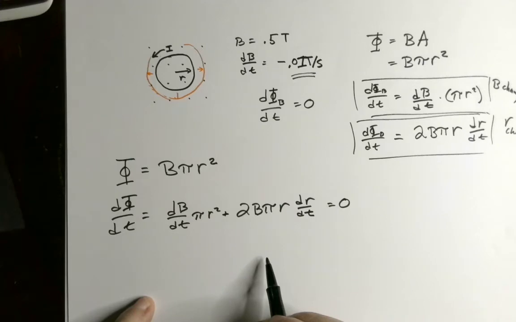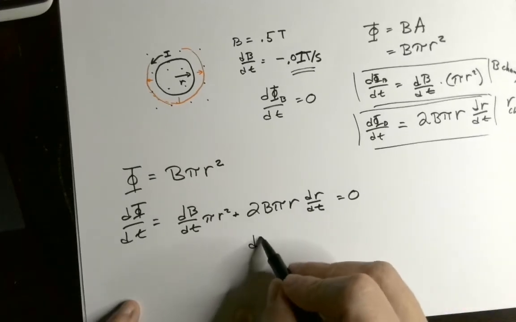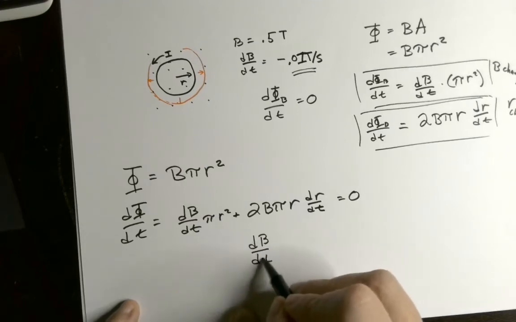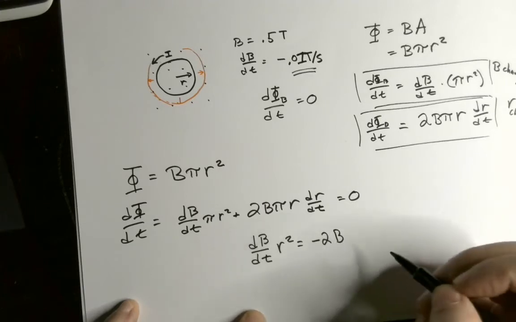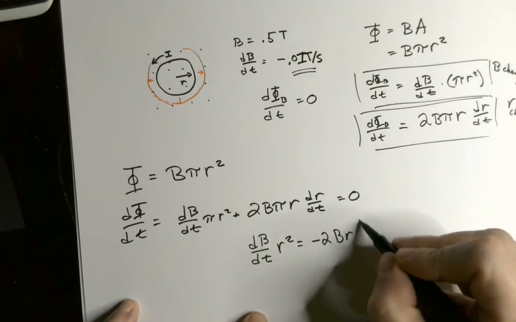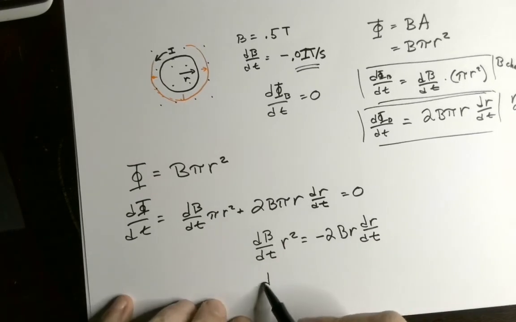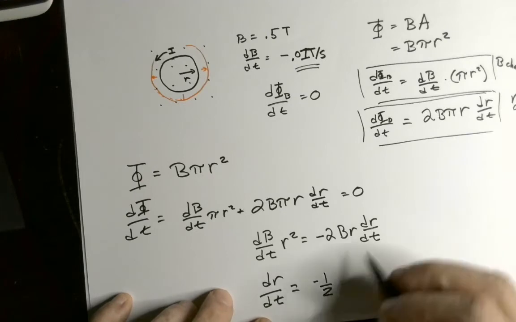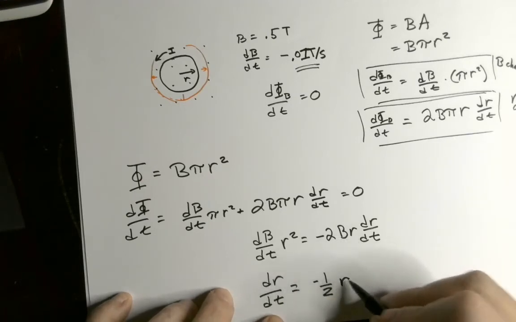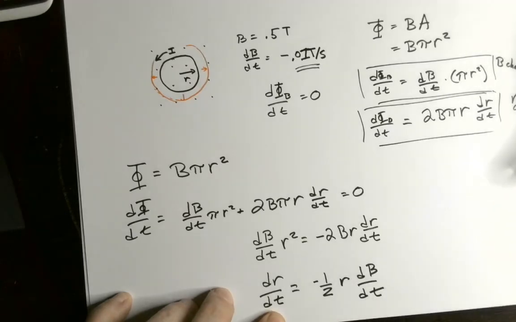What does that look like? The pi's cancel, one of the r's cancels. I've got dB dt times r equals minus 2B dr dt. If we solve for dr dt, we get dr dt equals minus 1/2 r over B dB dt.